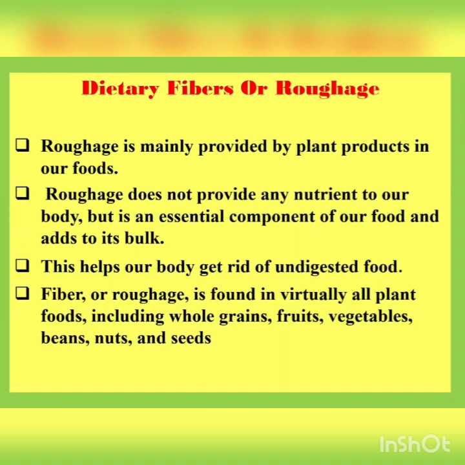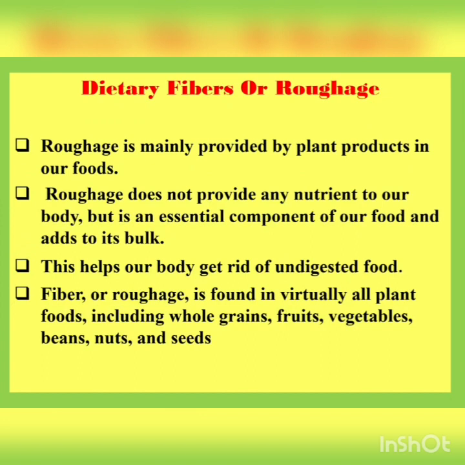Next, along with water and nutrients, we also need dietary fibers, or roughage, for our human body. What is roughage? Roughage does not provide any nutrients to our body. It is not like some other nutrients that we already discussed. It does not provide extra nutrients to our body, but is an essential component of our food and adds to its bulk.